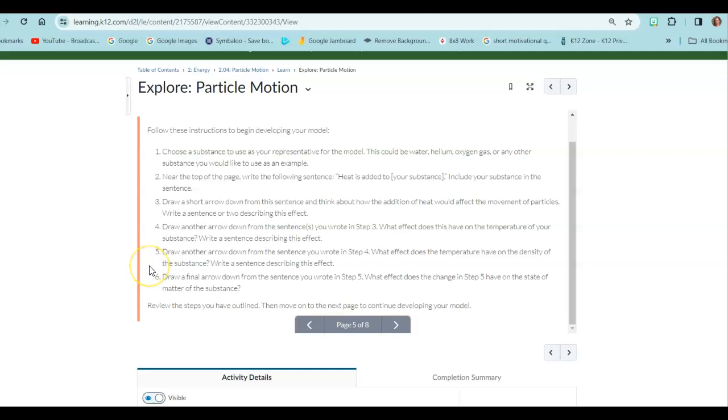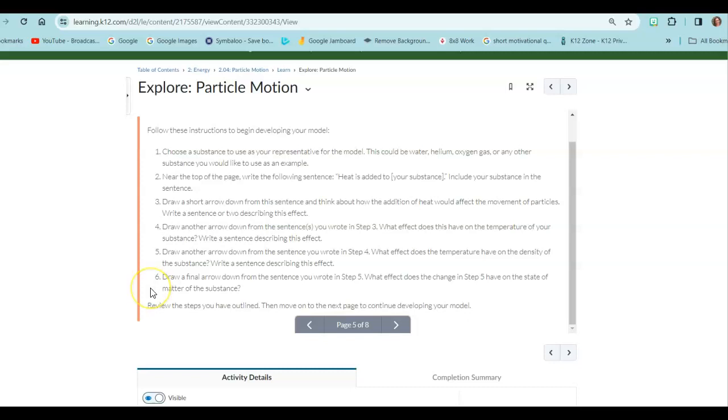And then draw another arrow from that and write, what effect does the temperature have on the density of the substance? So think about that with the water. We know that as the temperature decreased, the density decreased. We read that in the lesson.